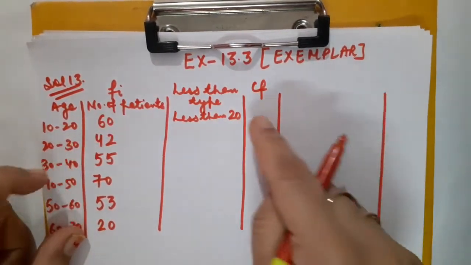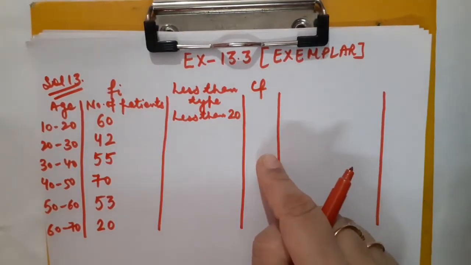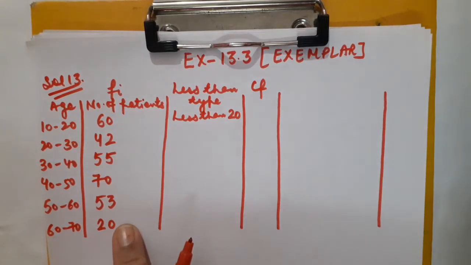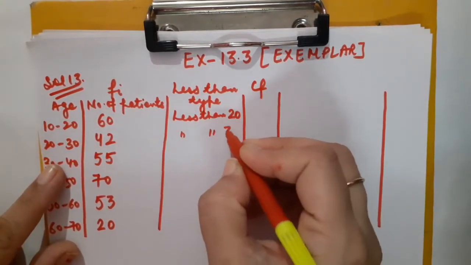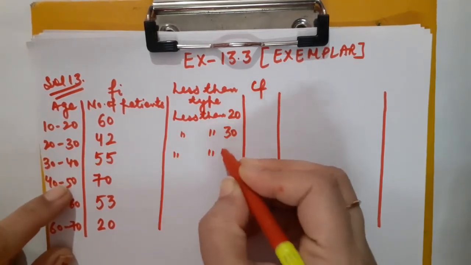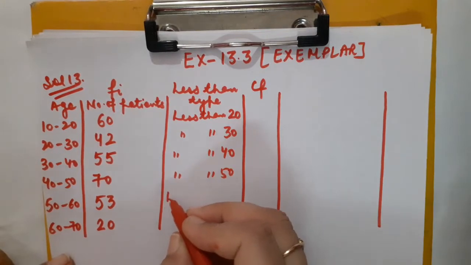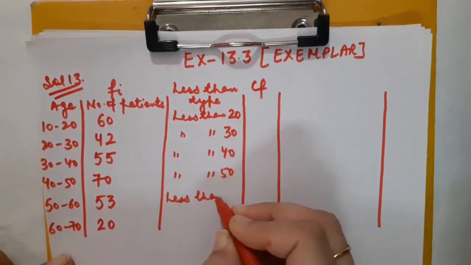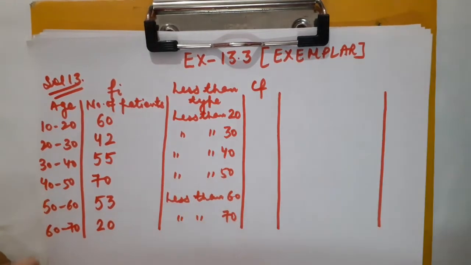And here there will be the cumulative frequency, which is nothing but the consecutive sum of the given frequency. So let me write less than 30, then less than 40, less than 50, less than 60, and less than 70.